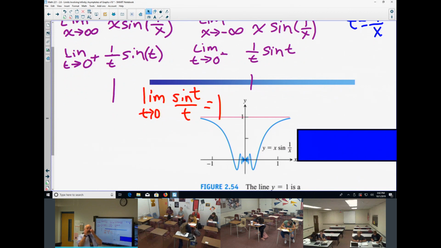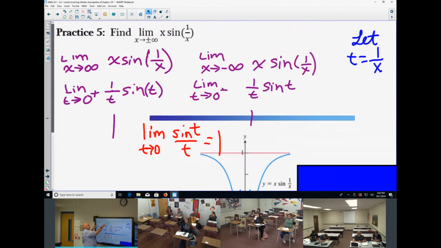Okay, so now, on any limit like this, let's say this is on a test and you don't think to do that variable swap thing, that's okay. But what you want to do then is, if you're not sure about a limit, make a graph or a table. See, as x approaches 0 here, the original question is x approaching infinity or negative infinity.